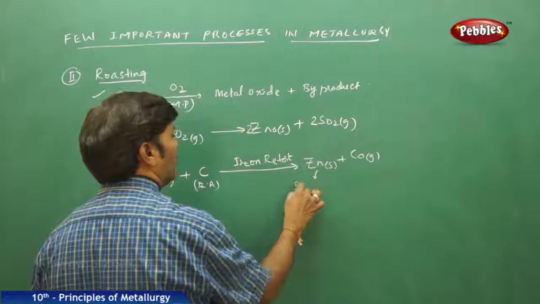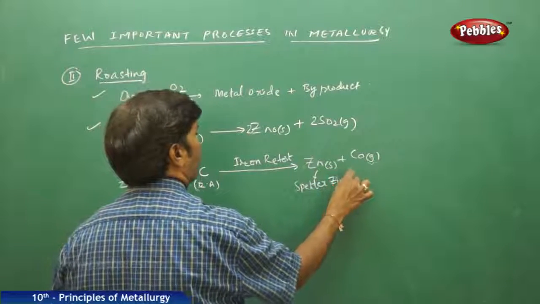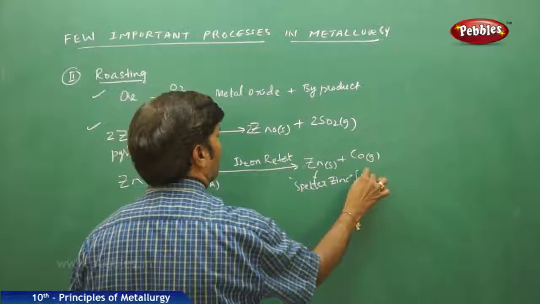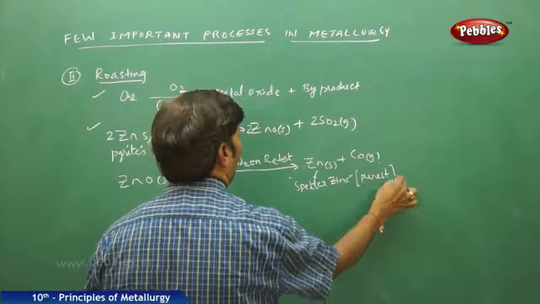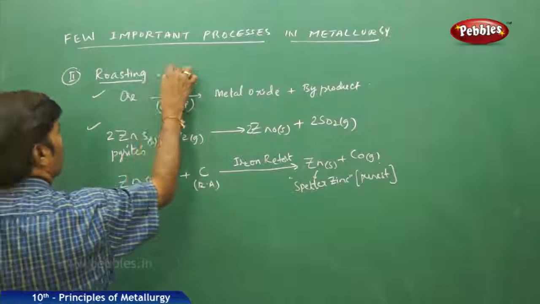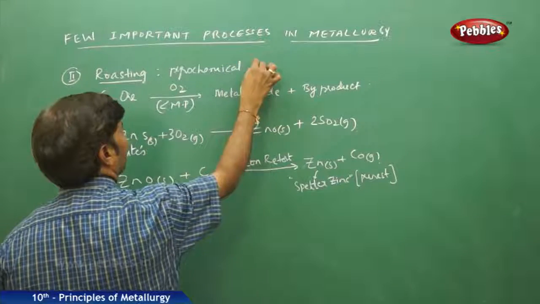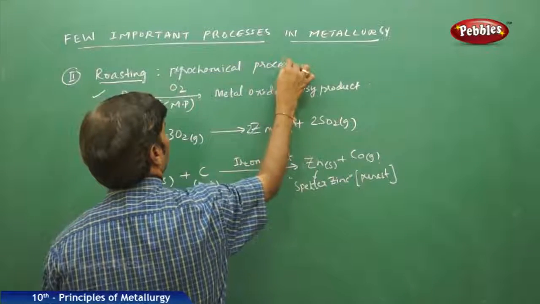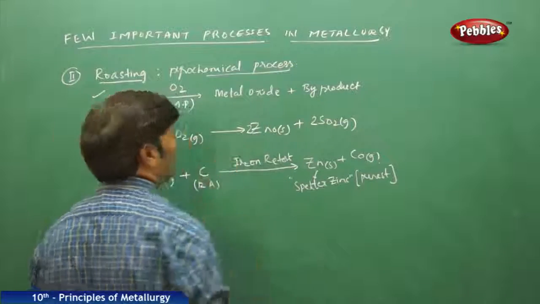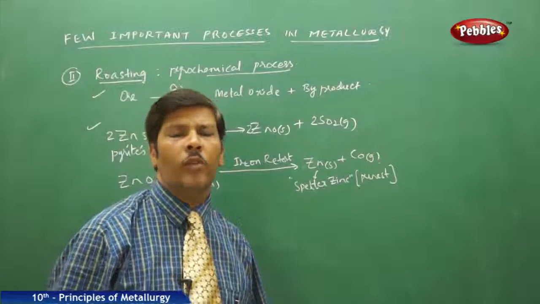This zinc is called spelter, which we call the purest form of zinc. And this roasting process is always a pyrochemical process. Smelting and roasting, both of them are pyrochemical processes.